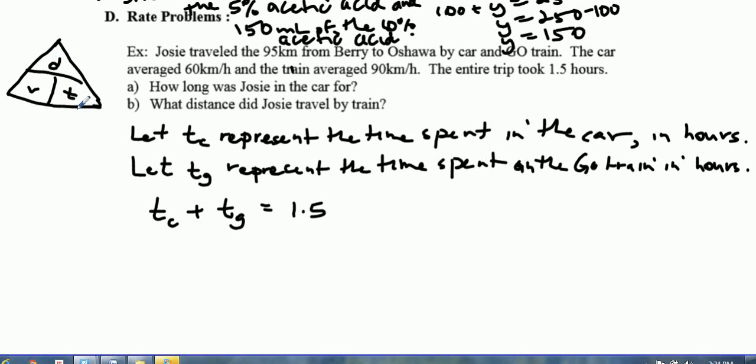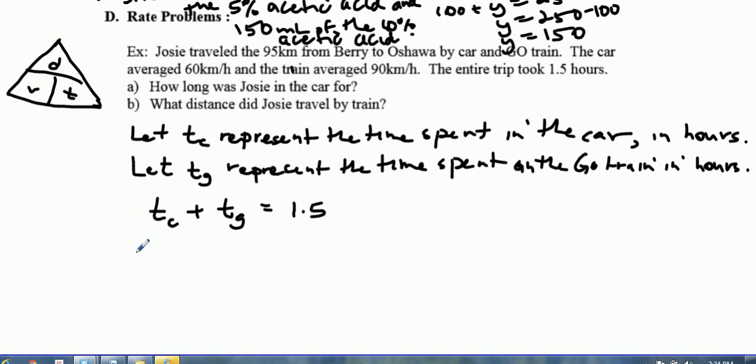It's distance divided by time. So I know the time, the distance I don't know. So the time times the velocity is going to give me the distance.